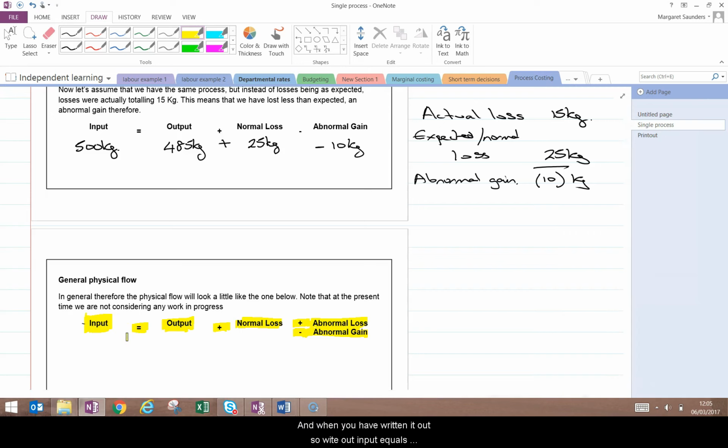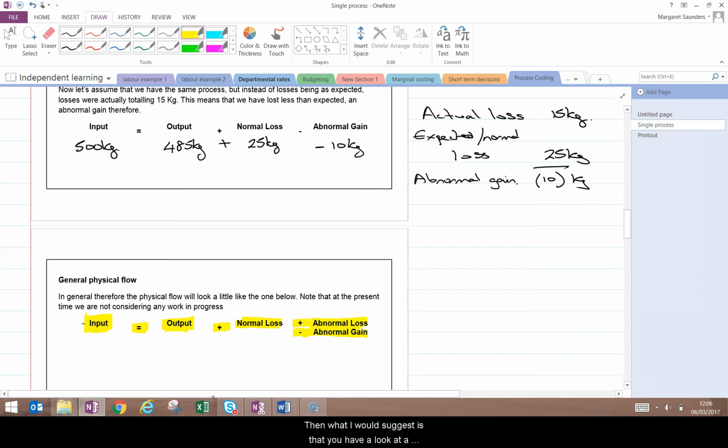And when you have written it out, so write out input equals output plus your normal loss plus an abnormal loss or minus an abnormal gain, put in your input figure, then put in your normal loss figure, and then look at your other figures. If you do it in that order, then hopefully you should end up with the correct figures in there. And remember, we never actually show in the physical flow what the actual loss is. Instead, we show normal losses and abnormal losses or gains.